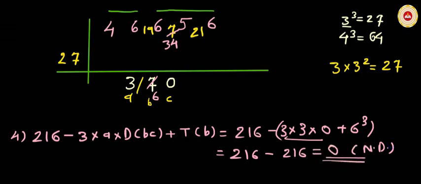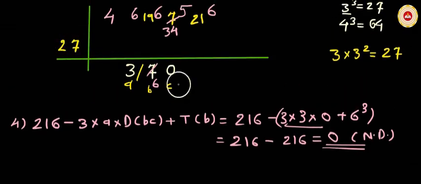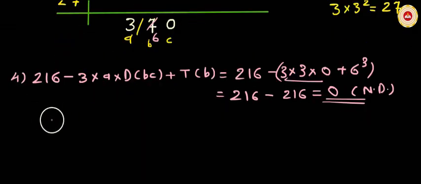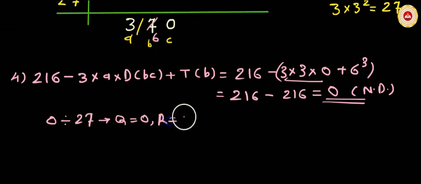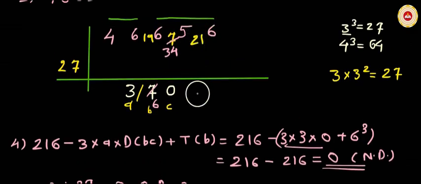So let us divide this 0 by divisor 27, which gives us quotient 0 and remainder 0. Let us write quotient below 216, which is 0, and where to write remainder?